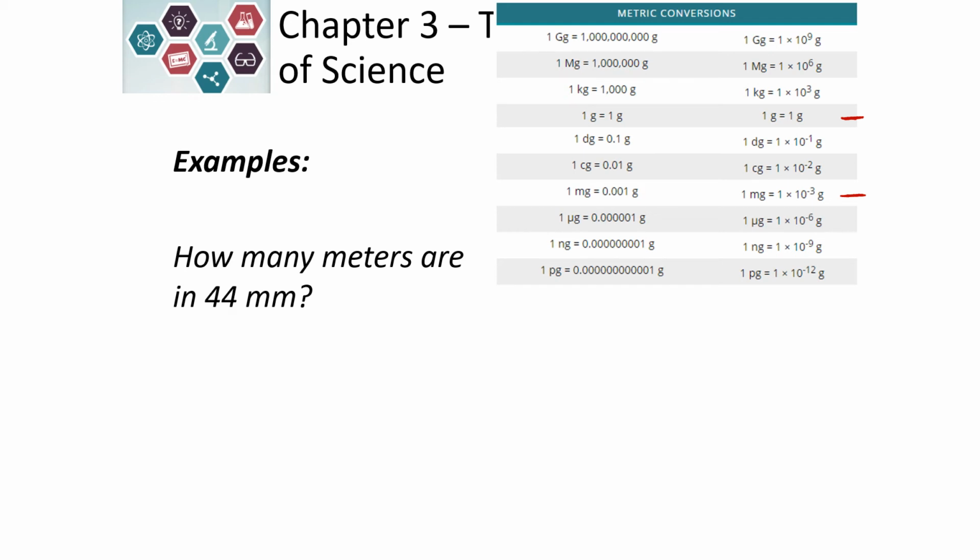Because we're going from lower on the table to higher on the table, our answer is going to get smaller. So 44, it's a 3-fold difference. So we have to move to the left 3 places. So our answer would be 0.044 meters.